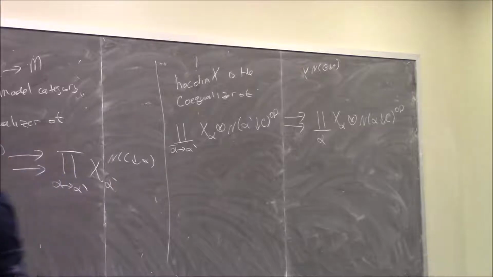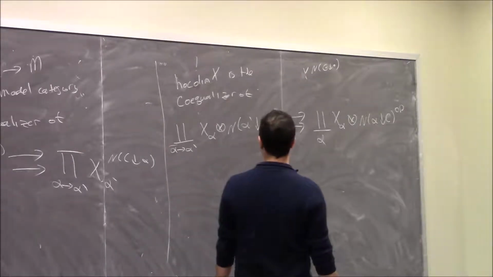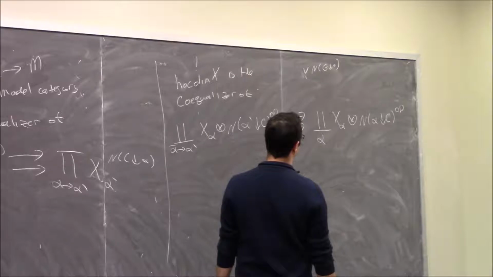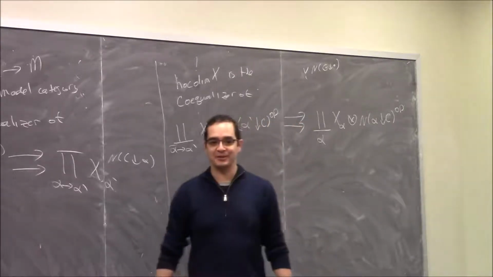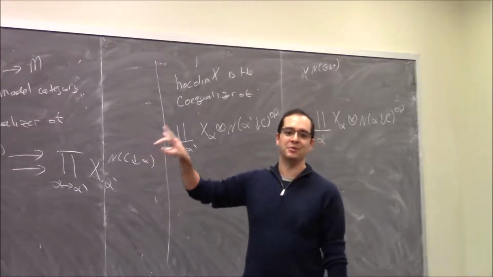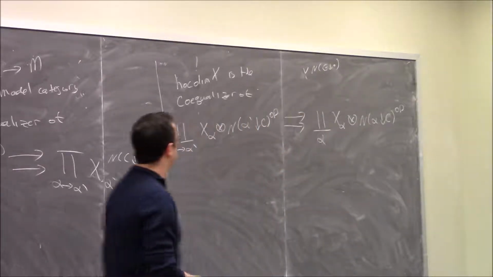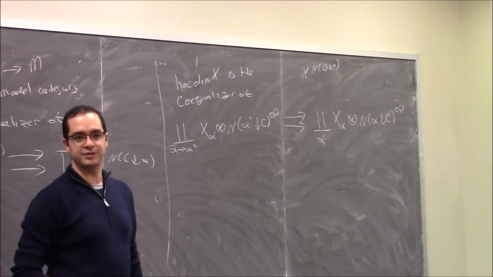Well, what's the purpose of the op? Is that op in Top? I think it's to get some different compatibilities between the homotopy limit and colimit, so the adjunction conditions.